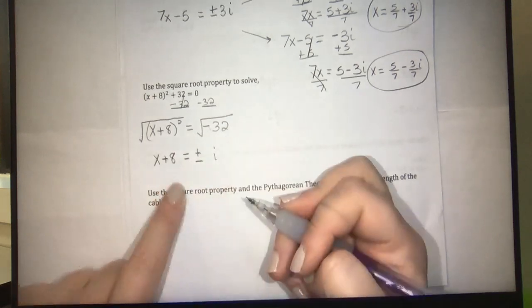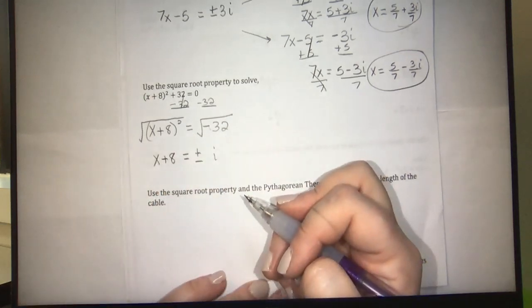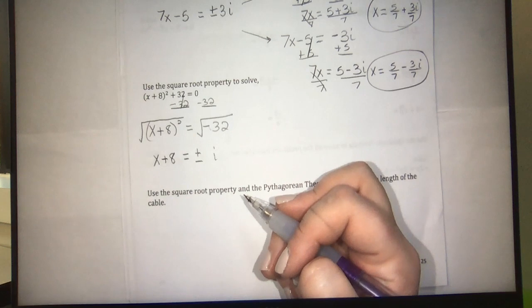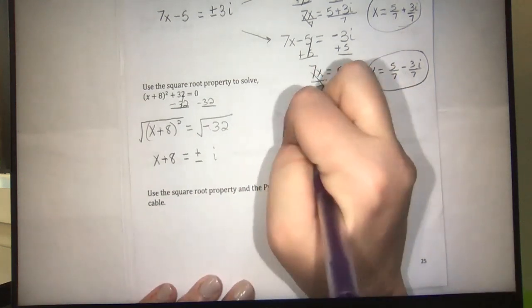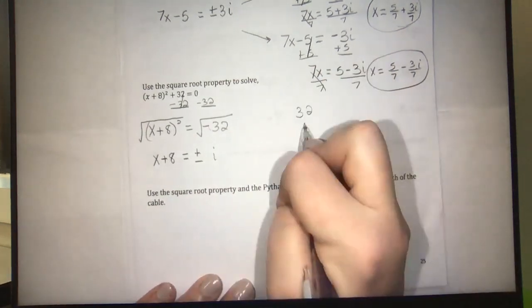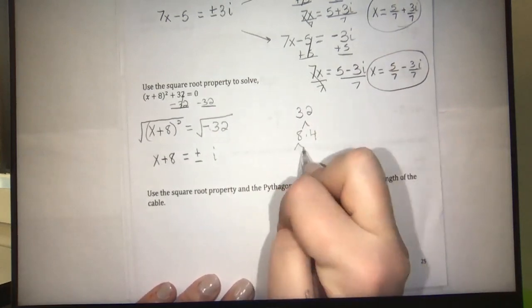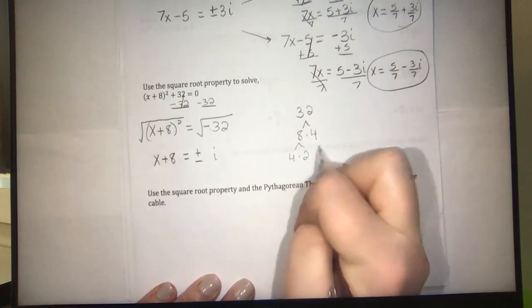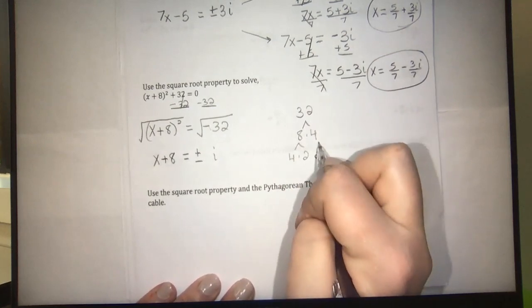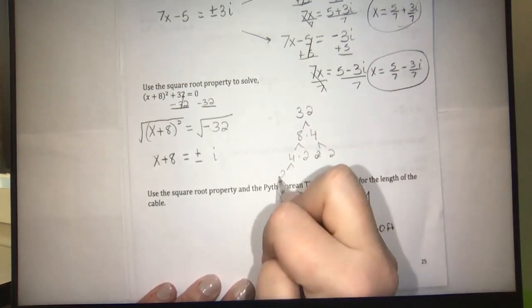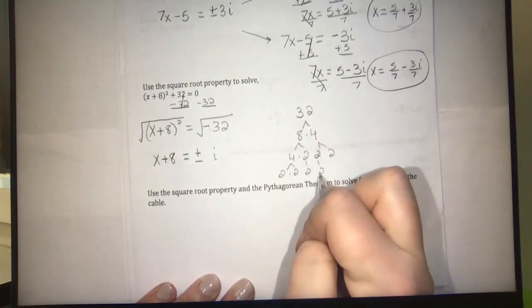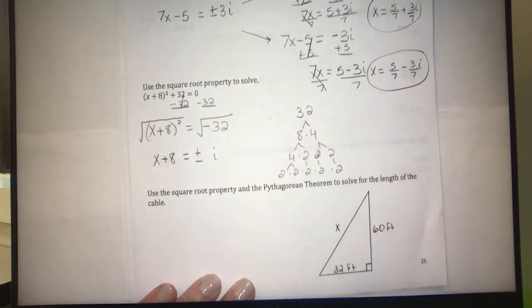But is the square root of 32 a perfect square? No. So maybe some of you already know how to reduce that. Otherwise, since it's not perfect, we're going to factor tree, right? 8 times 4. Let's see, that's a 4 and a 2. 4 goes to 2 and 2. Okay, that's a whole lot of 2's.